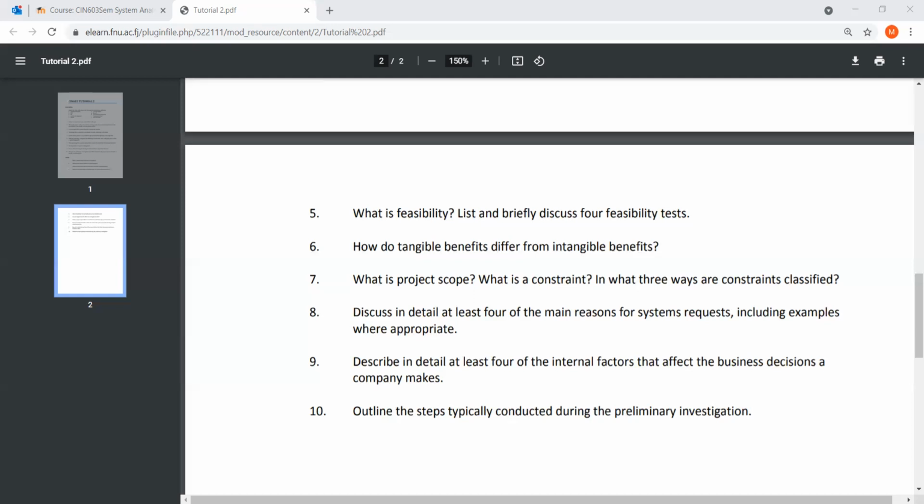And the last feasibility that you have is schedule feasibility.